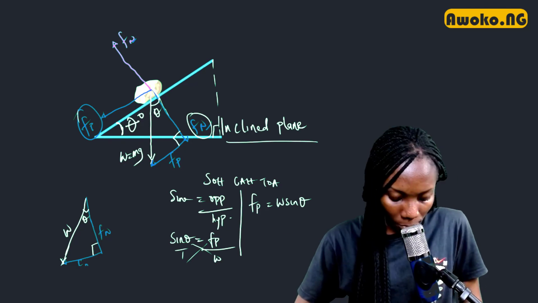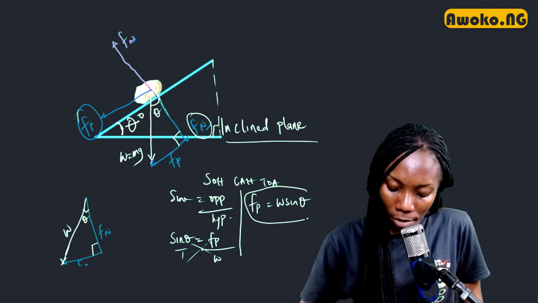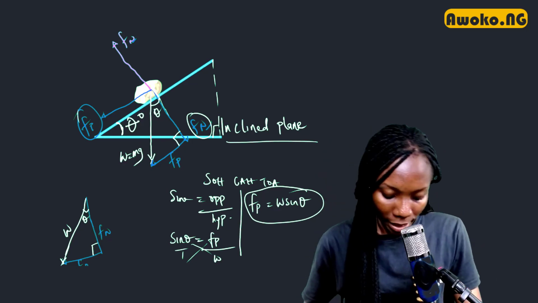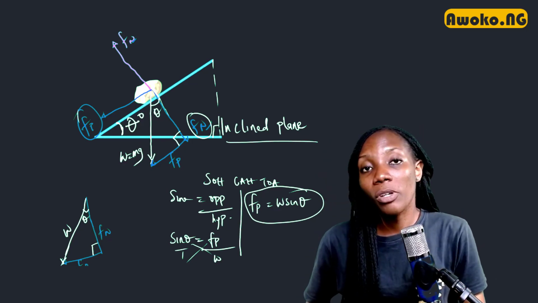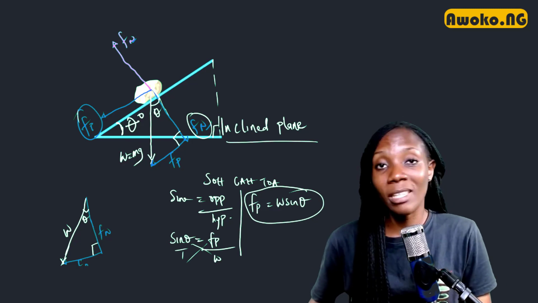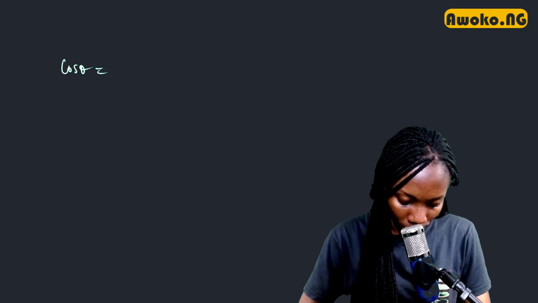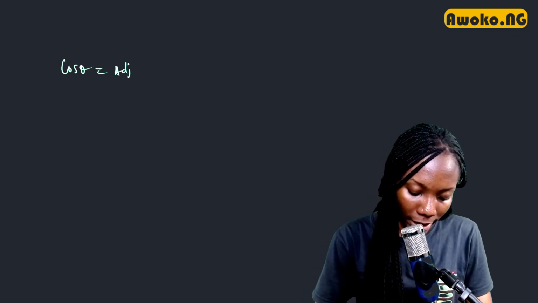And you can see that we've been able to get our parallel force using this approach. Now let's see how we can get our perpendicular force, the normal force, using the same approach. From our SOHCAHTOA, if we decide to use cos theta here, cos theta is adjacent over hypotenuse.